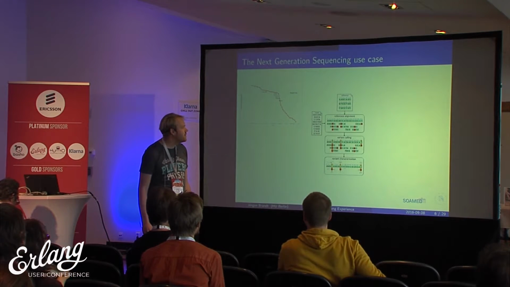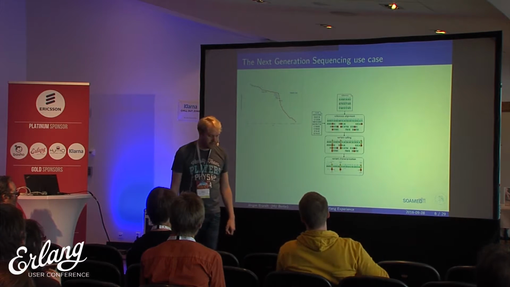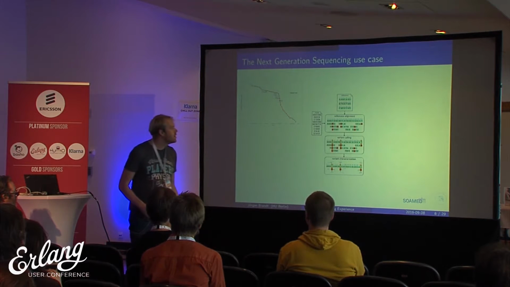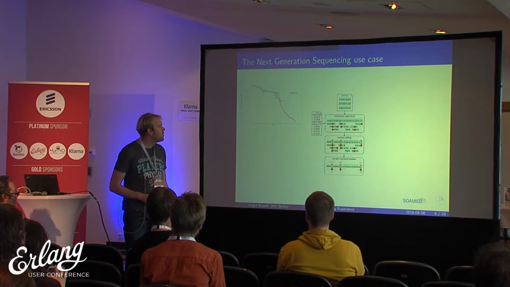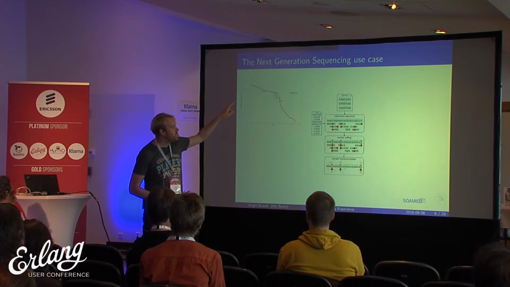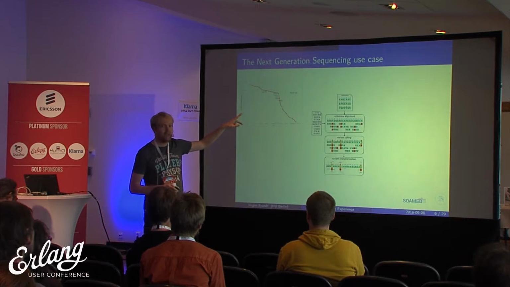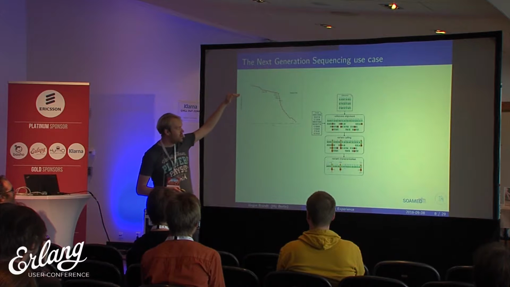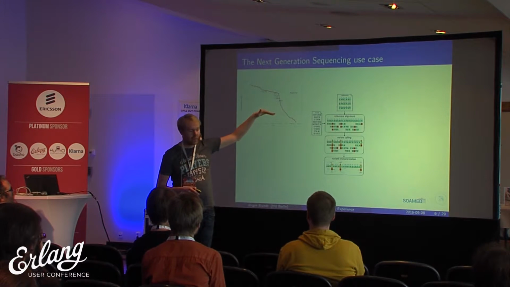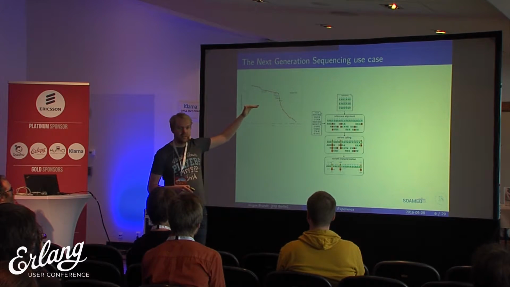And the first challenge, or the first also opportunity that is prevalent here, is that for bioinformatics, especially for next generation sequencing, the costs of sequencing genomes is constantly dropping.